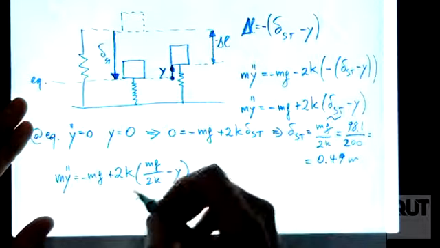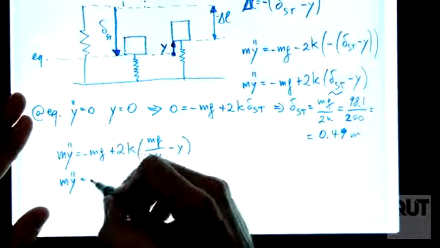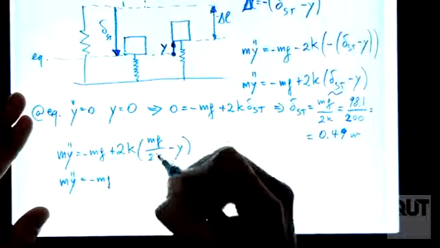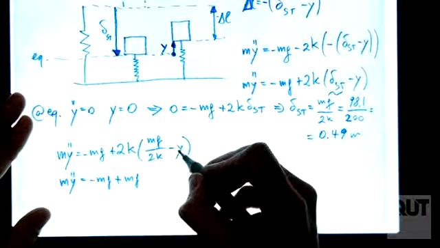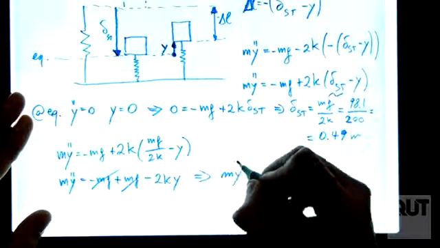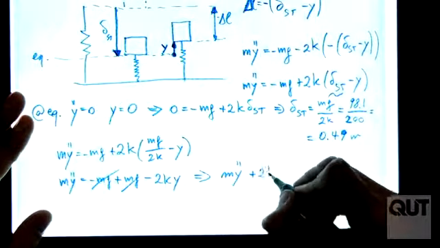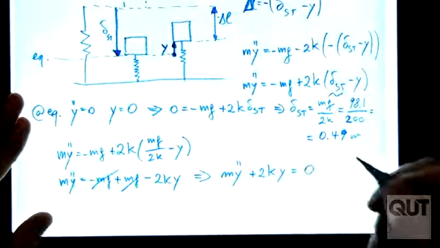I develop this equation: minus mg, 2k multiply mg over 2k is plus mg, 2k multiply y is minus 2ky. Okay?